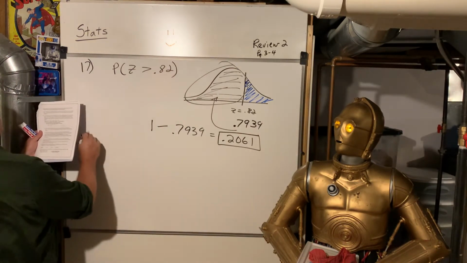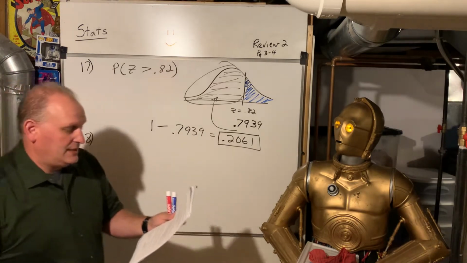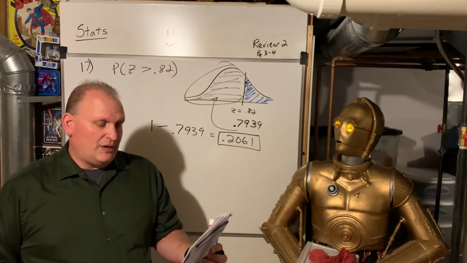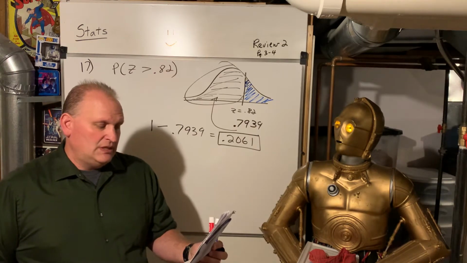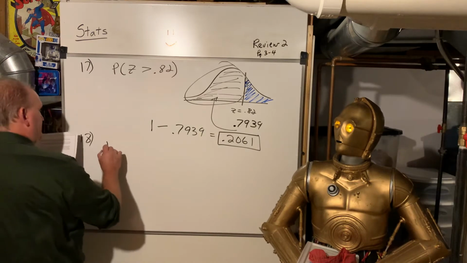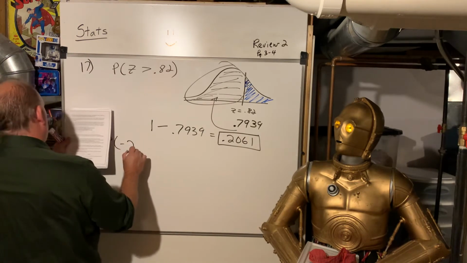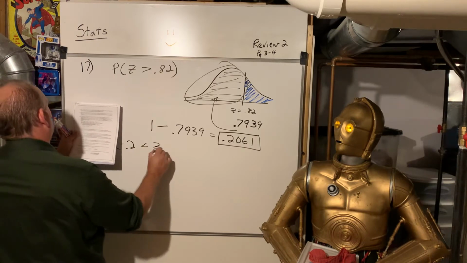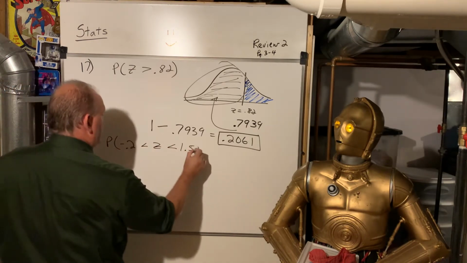Number 18. Find the probability, the following using the standard normal distribution. So they want it between -0.2 and 1.56. Okay. So again, probability that z is between -0.2, it's less than z is less than 1.56.